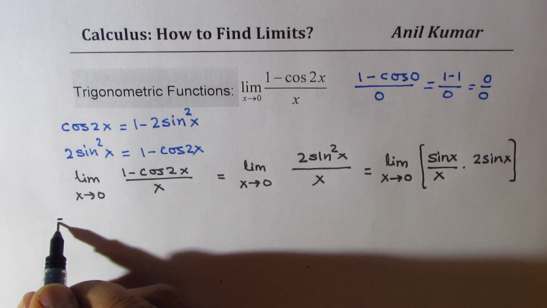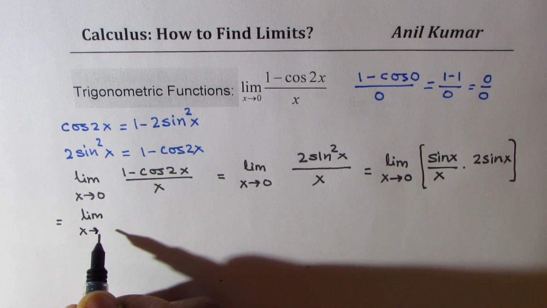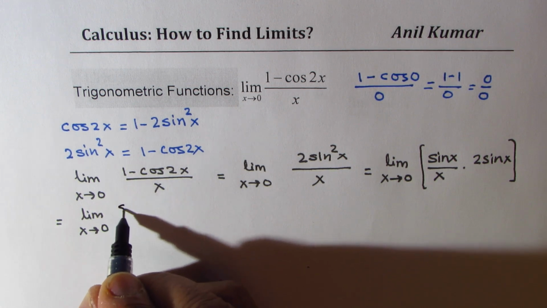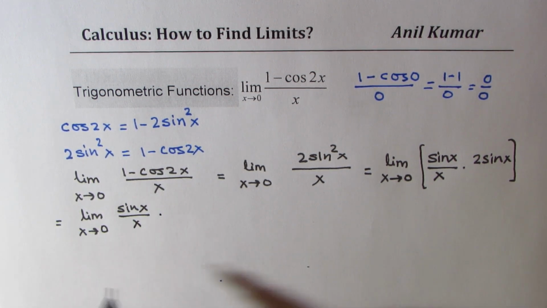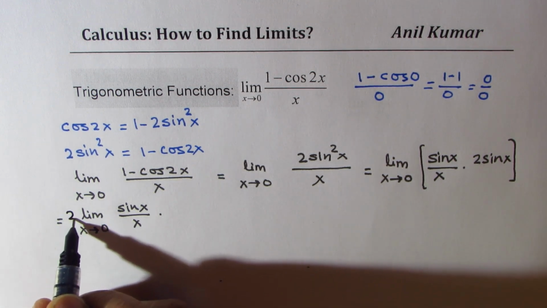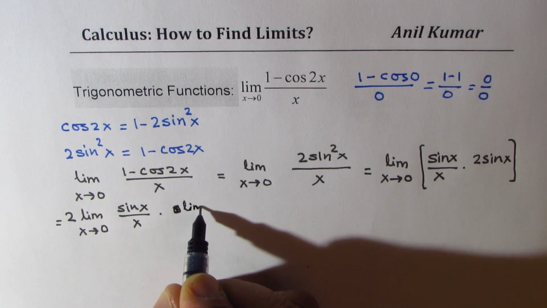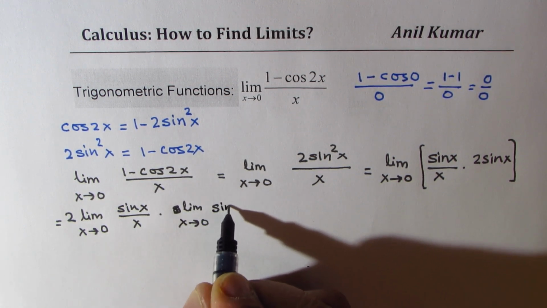Now, it really helps us to find the limit, since you know that limit of sine x over x when x approaches 0 is 1. So it could be written as limit of sine x over x times 2 is a constant. I could write it here. Let me write limit x approaches 0 for sine x.